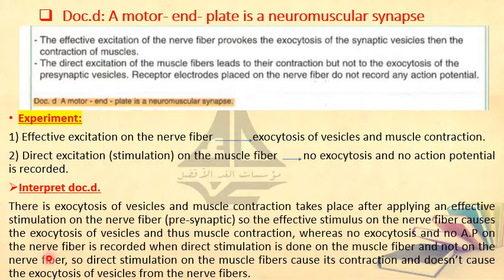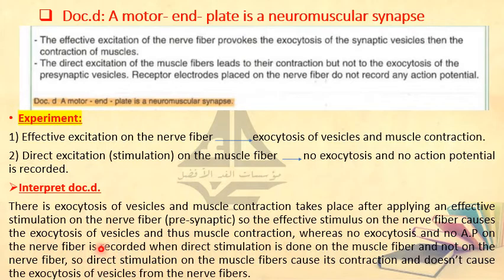This is the difference. When you receive the message on your muscle, it's going to react immediately, but when the stimulus is applied on the axon, it is going to undergo exocytosis to release the neurotransmitters and to send the message and to achieve muscle contraction.